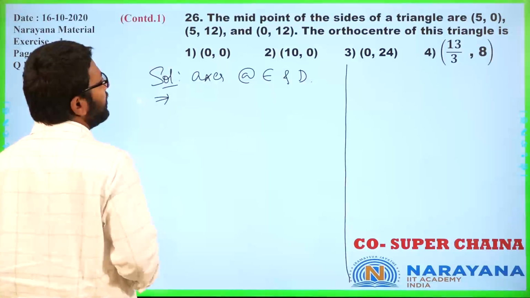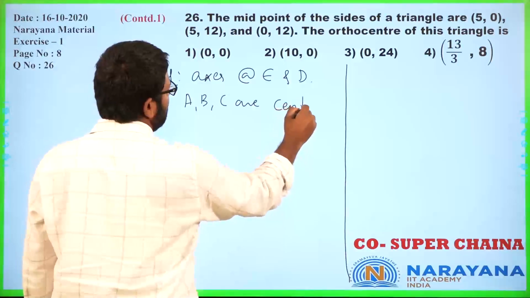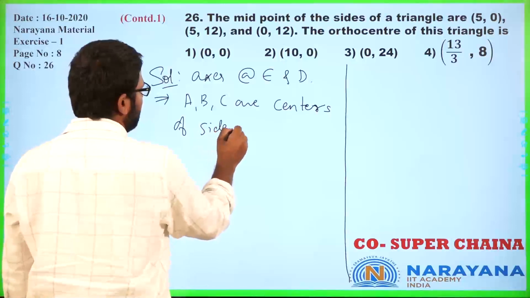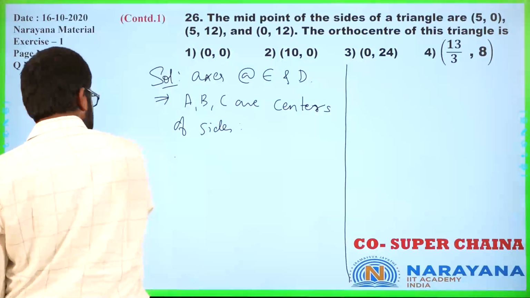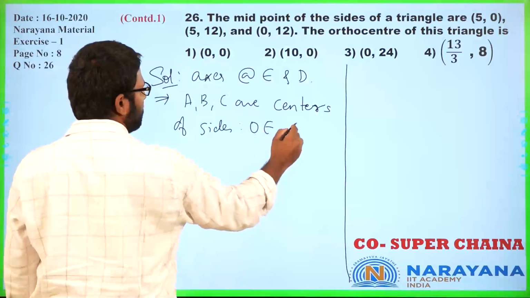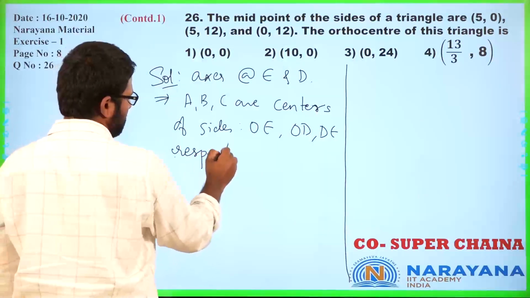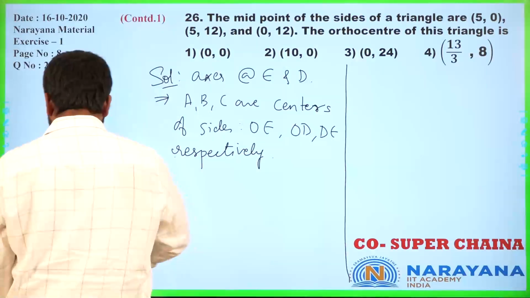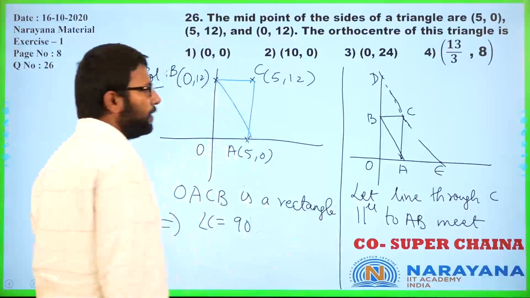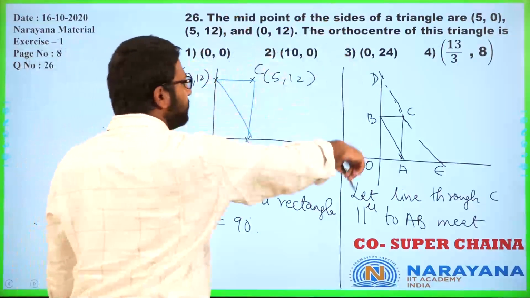Which means A, B, C are midpoints of sides. Which sides? A is for OE, B for OD, C for DE respectively. Right? What did I do? I just extended all these sides so that they have these midpoints, and then automatically O becomes the third vertex. So now we need to figure out the orthocenter of triangle ODE.